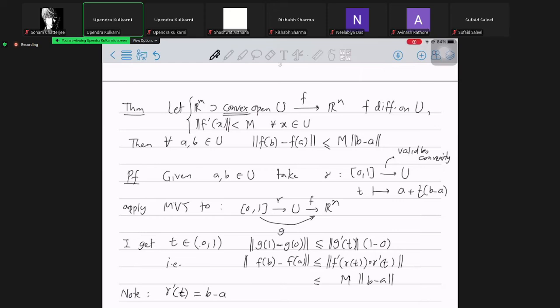Gamma is a map from real numbers to U, so its derivative is going to be a column vector. That B minus A is just a column vector, whereas F prime is really going to have a matrix. So this is a matrix times a column vector. It's a matrix-vector multiplication.